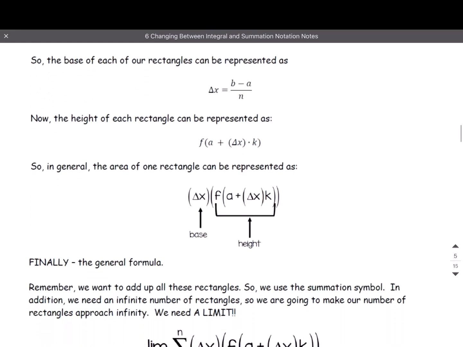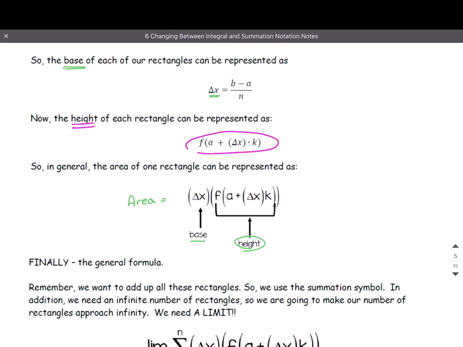So that's the function value that we're going to use. That's going to be our height. Okay? And we already know that the base is delta x, which is b minus a over n. So if we want to find the area of the rectangle, we do the base delta x times the height of the rectangle, which is that function value evaluated at a plus delta x times k.